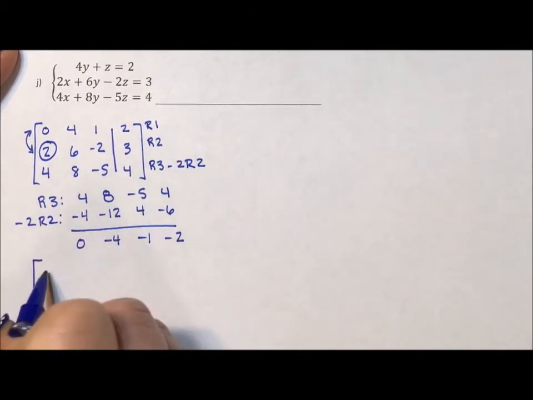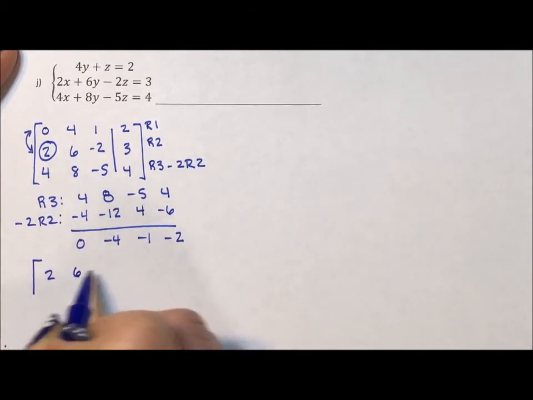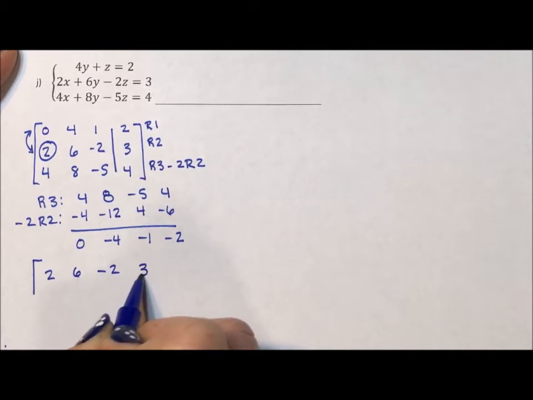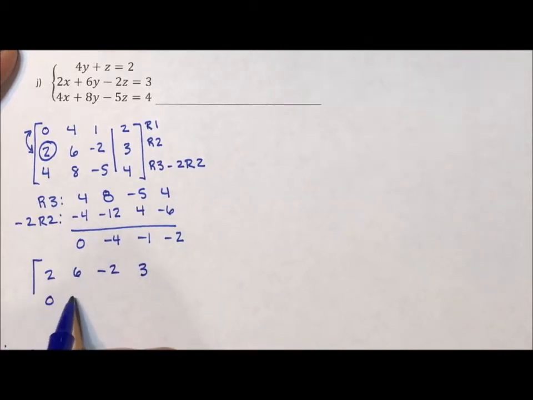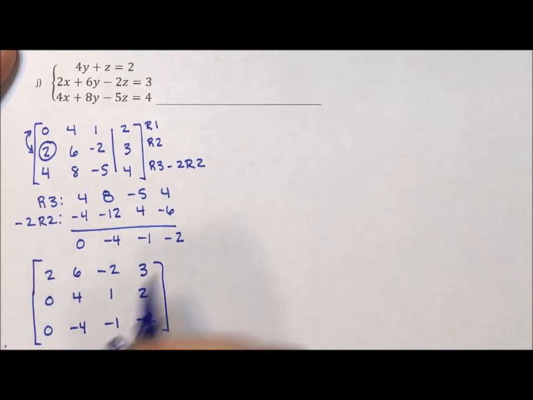My first row is going to become the 2, 6, negative 2, 3. My second row is going to be the 0, 4, 1, 2. And my last one is going to be the 0, negative 4, negative 1, negative 2. Brackets to make a matrix, a line to make it an augmented matrix, and we are on our way.